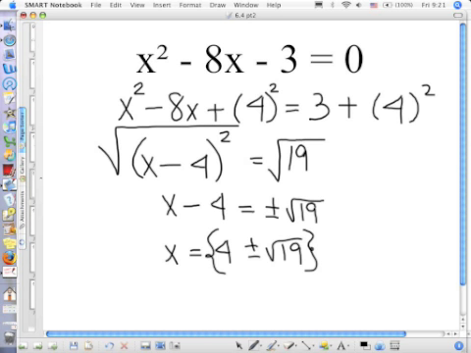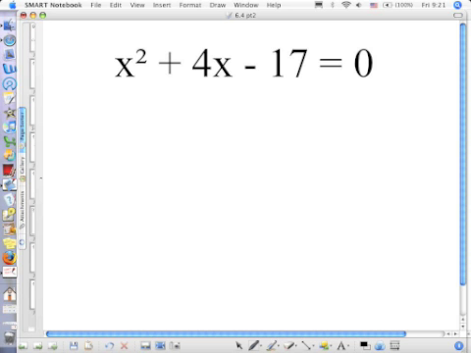Is that what you got? Any questions? Because this sign is what's going to be in here. Okay? Always. Yes, because you're solving by adding 4 to both sides. So it was positive 4 plus or minus square root of 19.